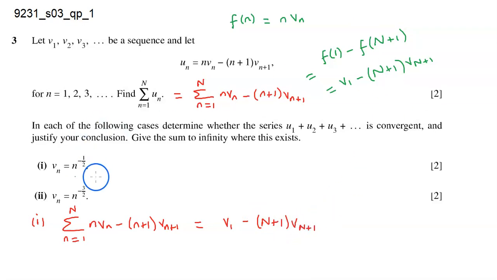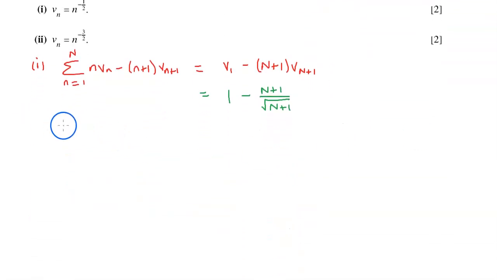In this case V1 is 1 to the negative a half, which is 1, and then minus N plus 1, and V of N plus 1 is just 1 divided by the square root of N plus 1, so N plus 1 divided by the square root of N plus 1. And so that's equal to 1 minus the square root of N plus 1.